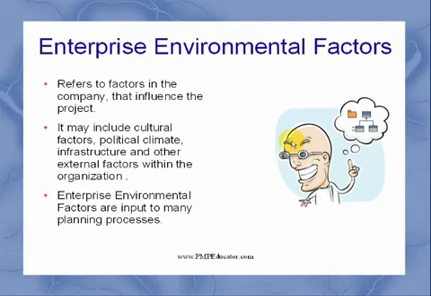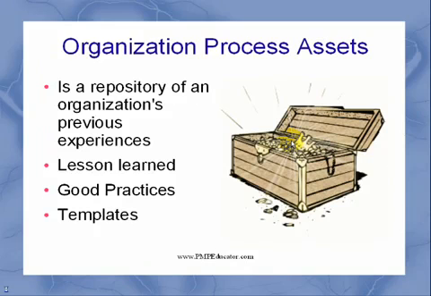And finally, we have the organization process asset. It is a repository of the organization's previous experience. So it is some sort of asset for an organization, in the sense that whatever work they have done in the past, they keep track of all the information or the lessons learned for the previous projects, which they can use for the next project.